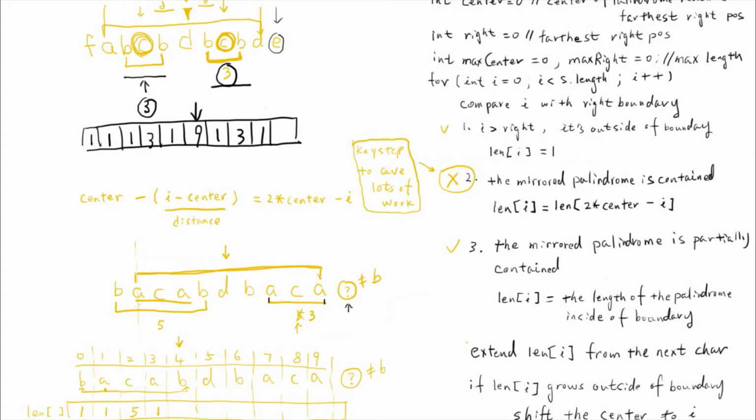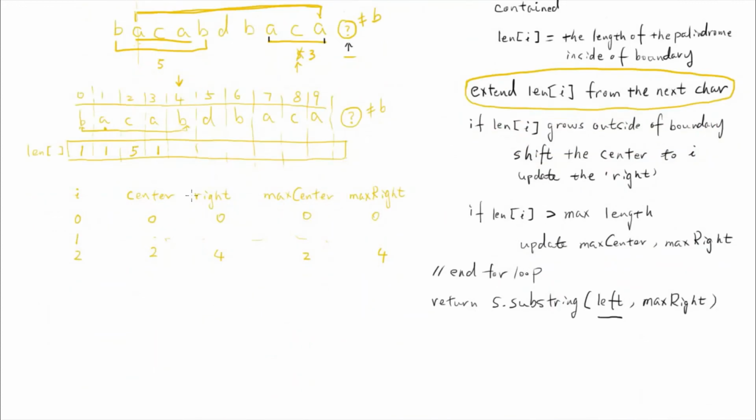And also, these steps save a lot of work because it doesn't try to extend from the immediate character next to I, but tries to extend from the character next to the palindrome already found. For example, here, at position 4, we copy the length 1. And we cannot extend from B. Then we move to the next position.